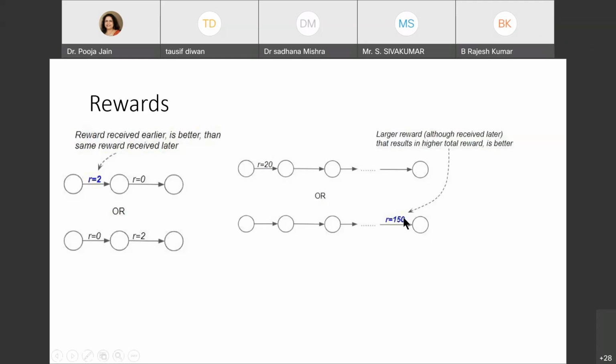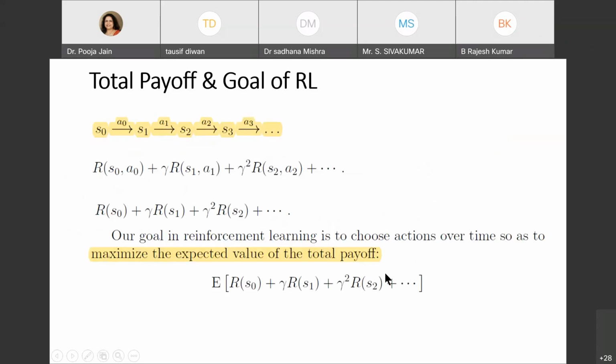At some point of time, you will get the maximum reward. Now, what it is saying is this 150 is getting multiplied by what? Gamma to the power of some 100. But if you compare gamma square and gamma to the power 100, suppose assume that gamma is equal to 0.8. So 0.8 square is nothing but 0.64. But 0.8 to the power 100 is very close to 0.